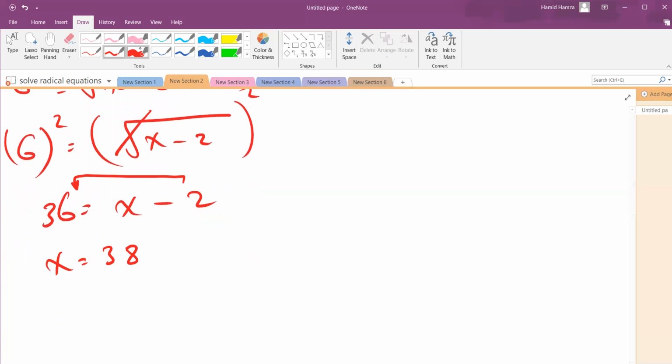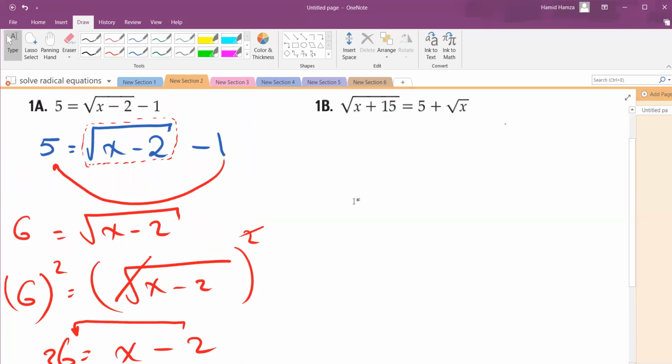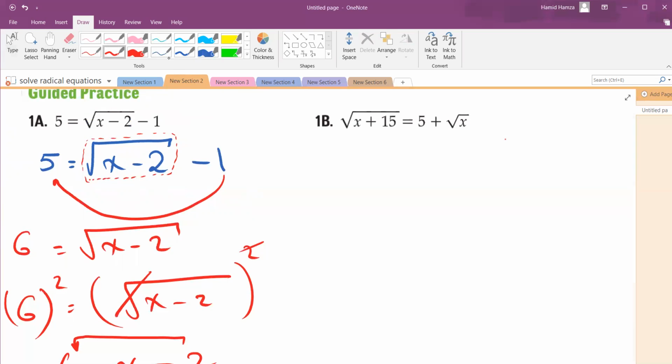When we deal with a radical equation, you must check your answer after you get the solution, because you may get a solution that will be refused. So we check the solution by substituting in the original equation. The left-hand side is 5. On the right-hand side, we substitute x equals 38, so it will be root 38 minus 2, then negative 1. 38 minus 2 is 36.